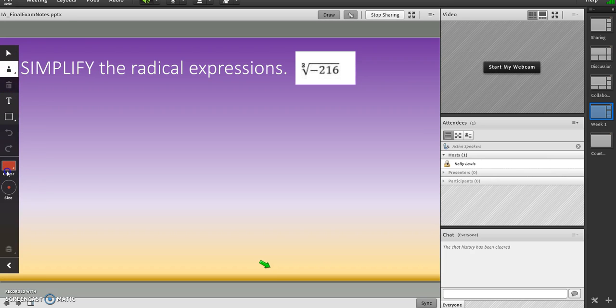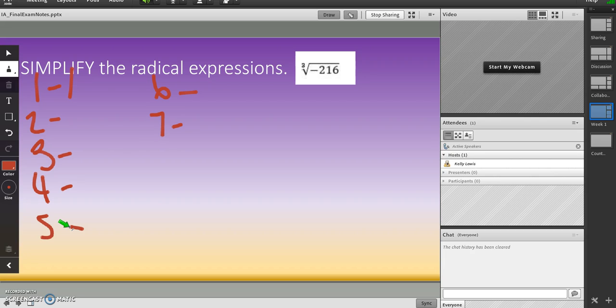So first, I'm just going to write down the perfect cubes. 1 times 1 times 1 is 1, 2, 3, 4, 5, 7. I'm just going to use these and my calculator.